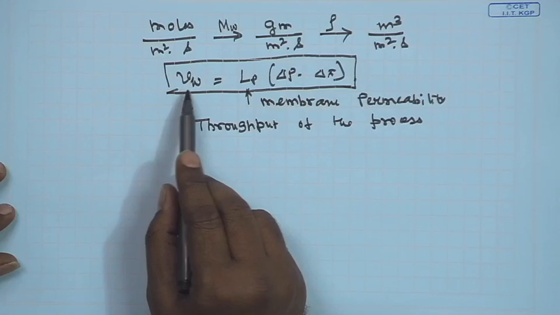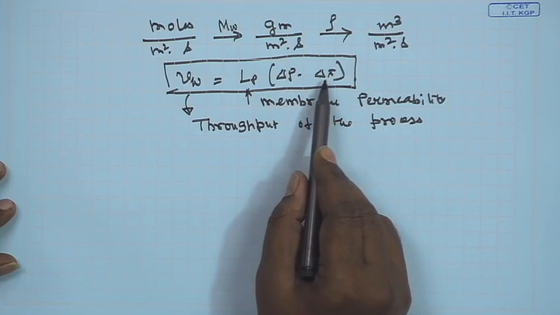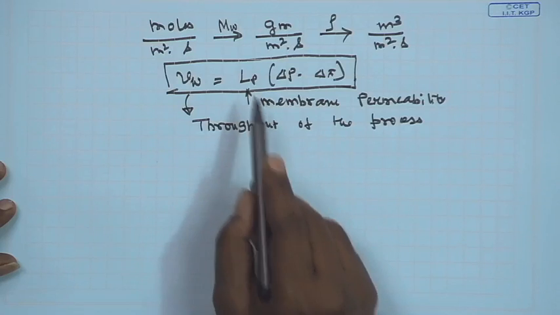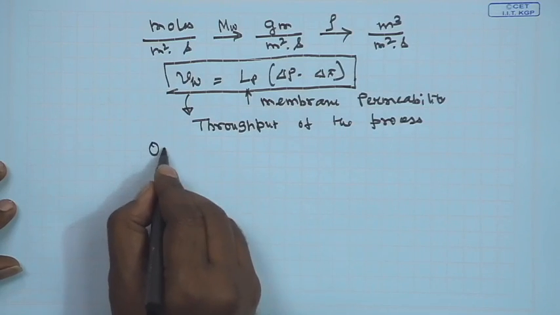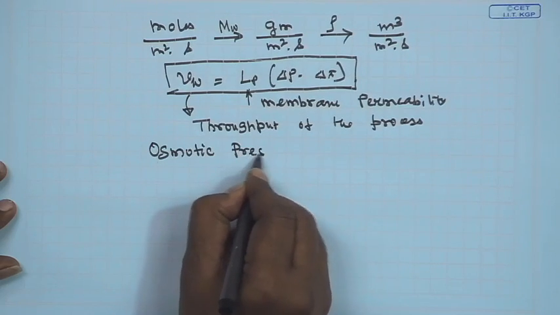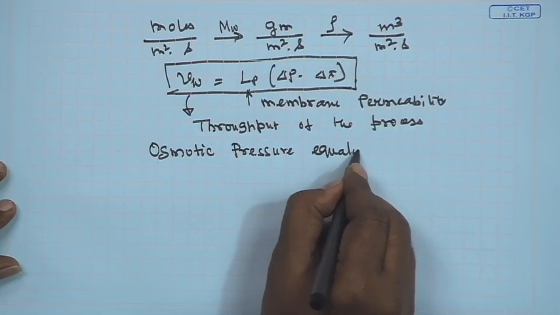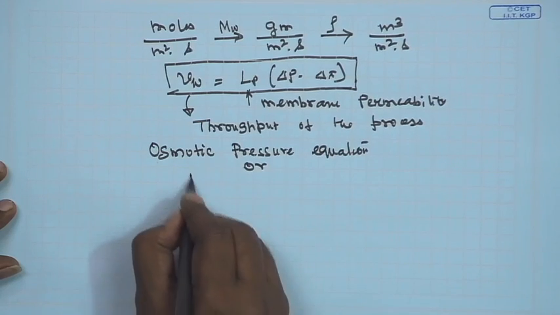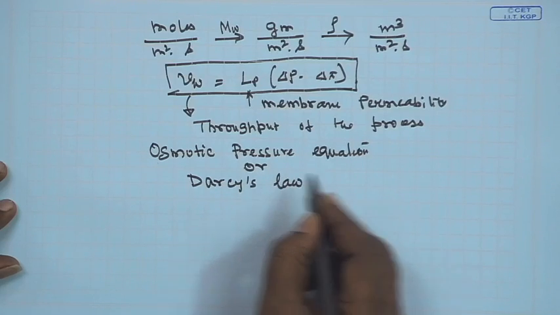Since this expression of permeate flux involves the osmotic pressure, the operating pressure and the permeability of the membrane, this law is known as the osmotic pressure equation, or the so-called Darcy's law through the porous medium.